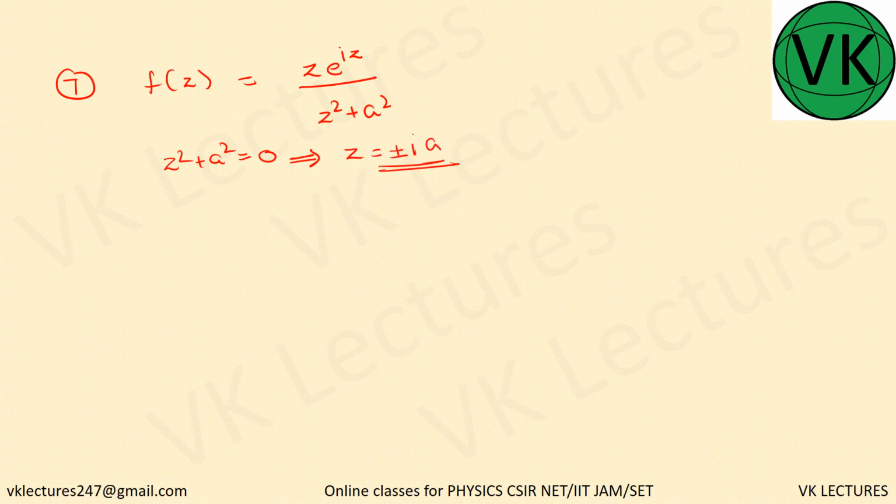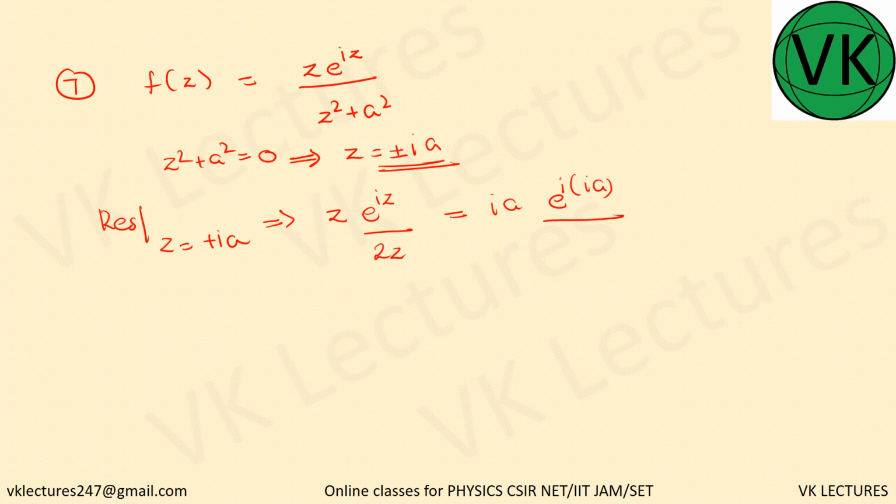So residue at z is equal to plus ia is equal to z e raised to iz divided by 2z, which is ia into e raised to i into ia divided by 2ia, is equal to e raised to minus a divided by 2.